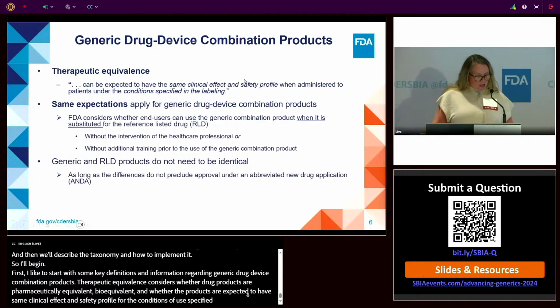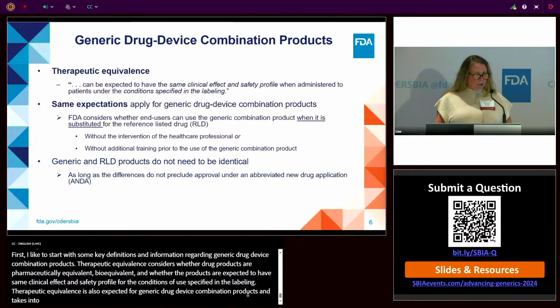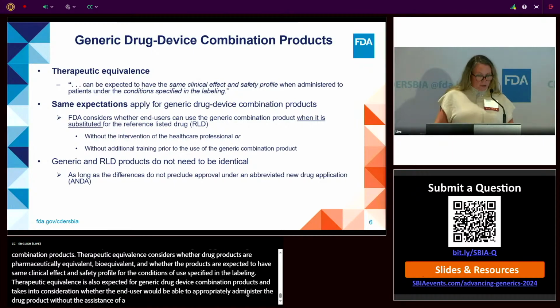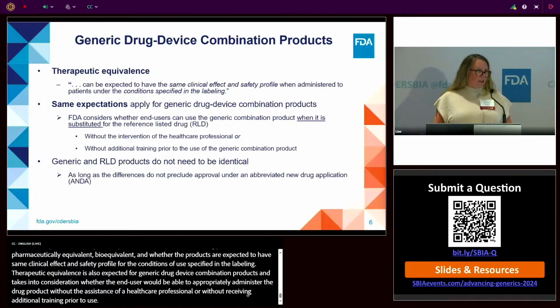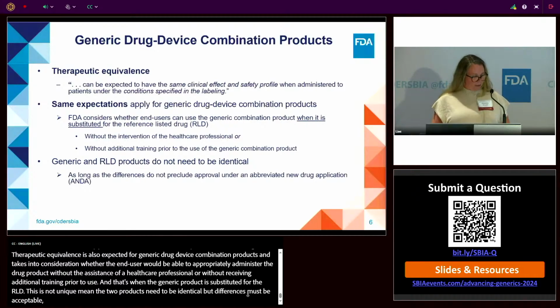Therapeutic equivalence is also expected for generic drug device combination products and takes into consideration whether the end user would be able to appropriately administer the drug product without the assistance of a healthcare professional or without receiving additional training prior to use. And that's when the generic product is substituted for the RLD, the reference listed drug. This does not mean that the two products need to be identical, but the differences must be acceptable and allowable under the abbreviated new drug pathway, the ANDA pathway.